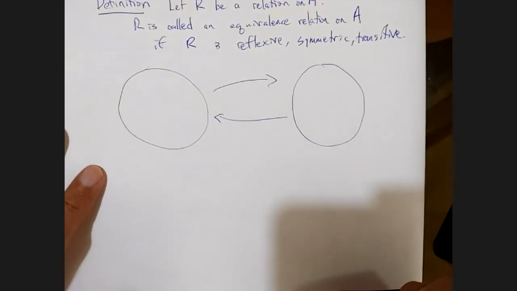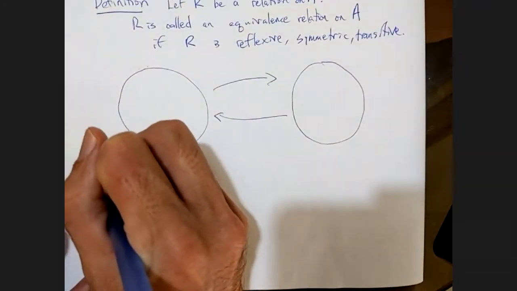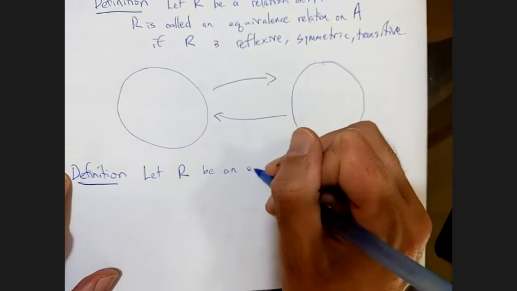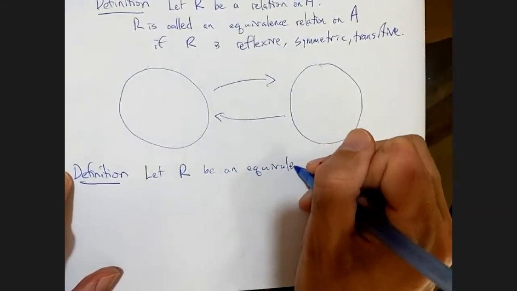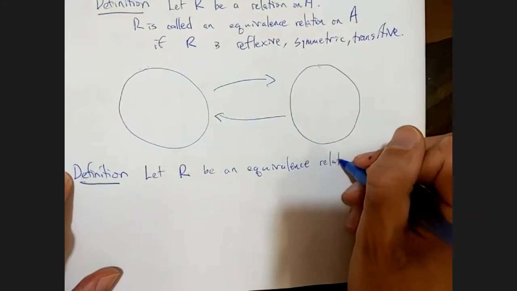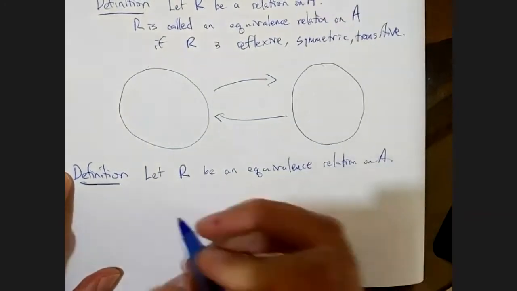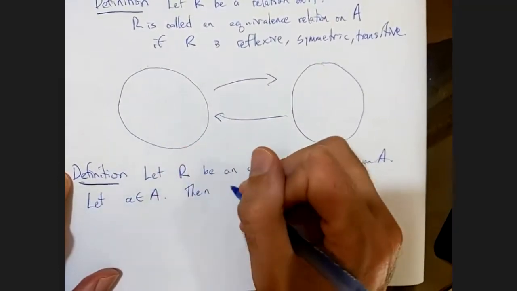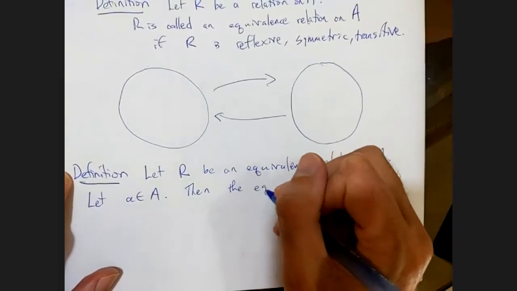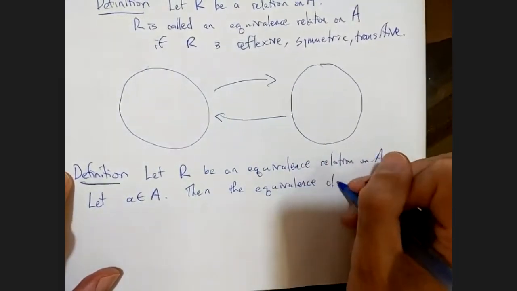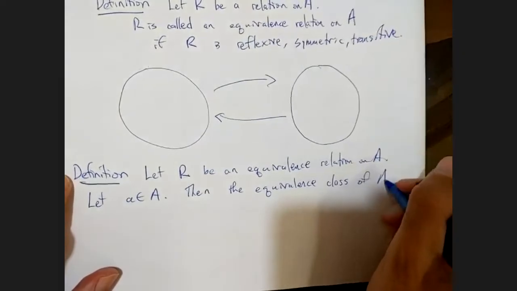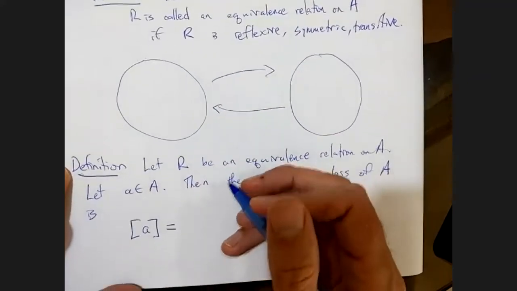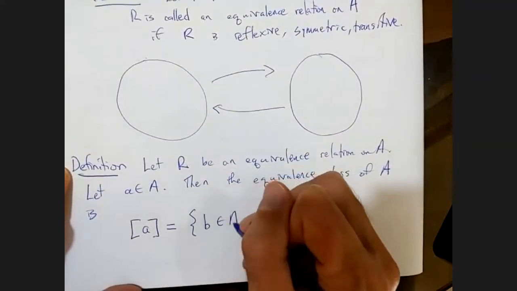And if we take an equivalence relation, that's just defined how it usually is. I'll just remind you. So let R be an equivalence relation on A, and then let a be an element of A, and the equivalence class of a is, you put [a], and it's just all the b's that are related to a.